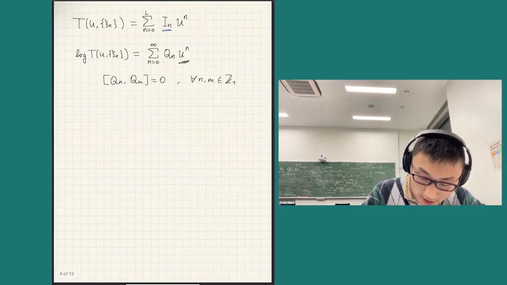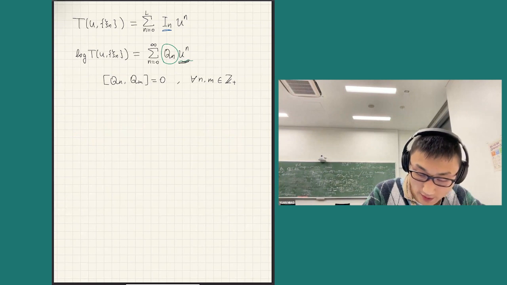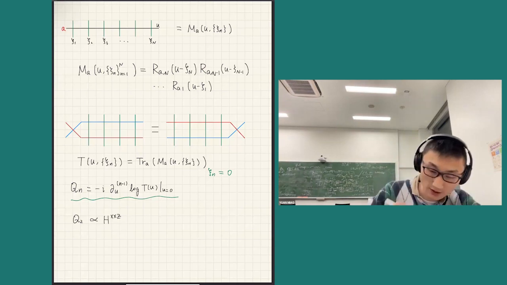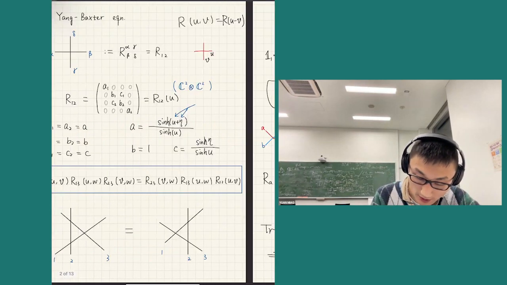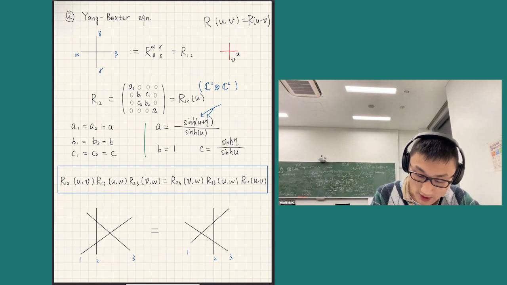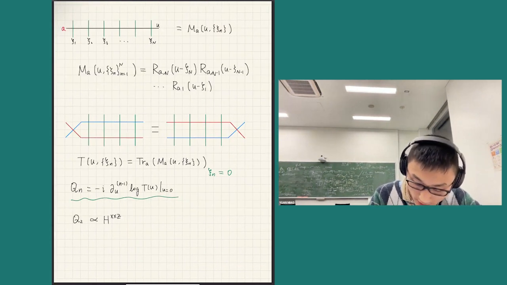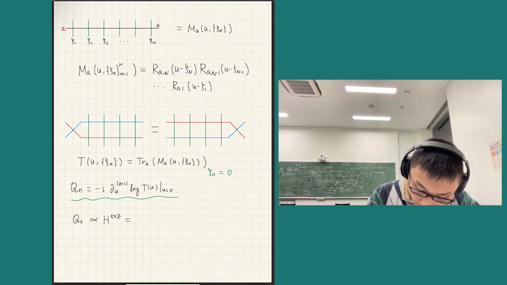These Qn's are essentially the expansion over the spectral parameter u when u is small. And when we consider Q2 with the 6-vertex model that I showed you before, using this parametrization, what we will get is a quantum Hamiltonian, the so-called XXZ Hamiltonian.